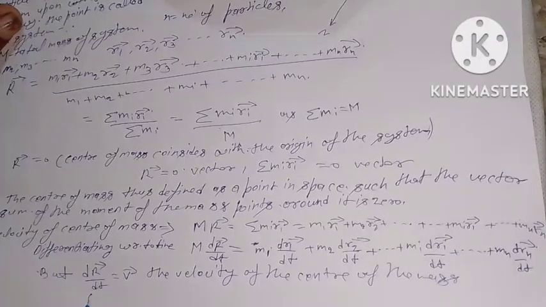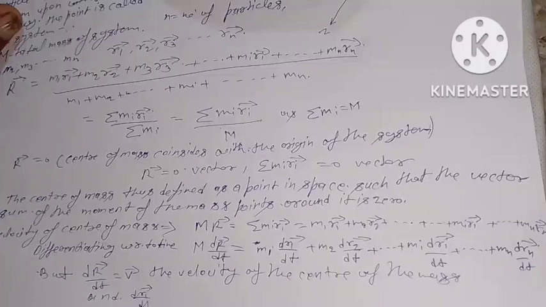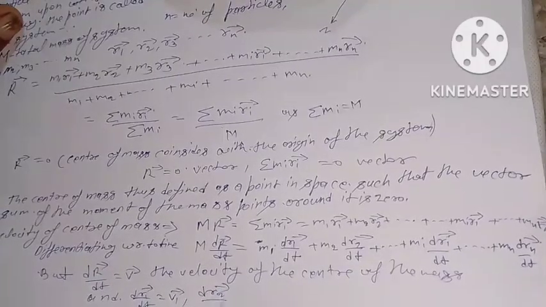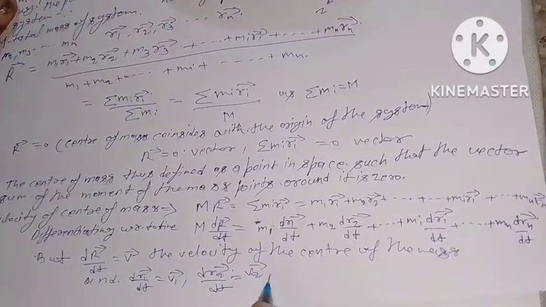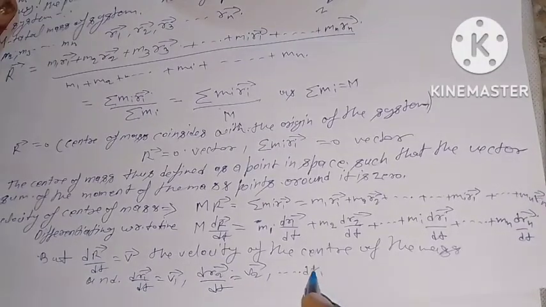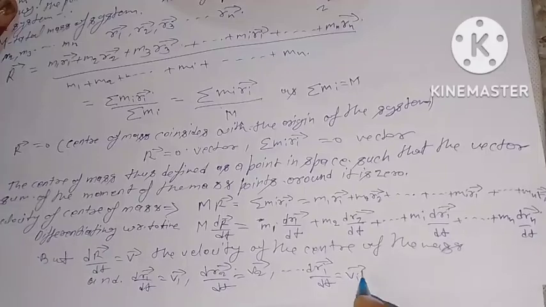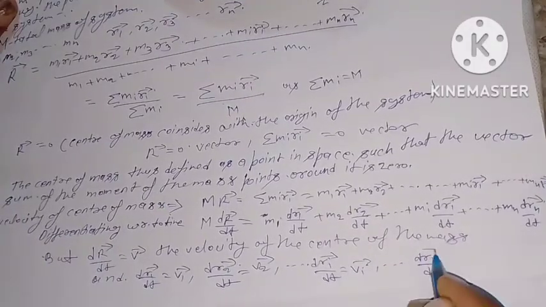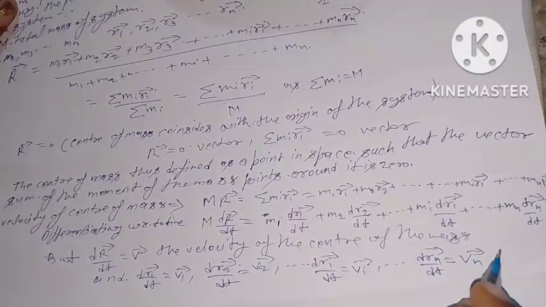And dr1 vector upon dt equals v1 vector, dr2 vector upon dt equals v2 vector, dri vector upon dt equals vi vector, drn vector upon dt equals vn vector.